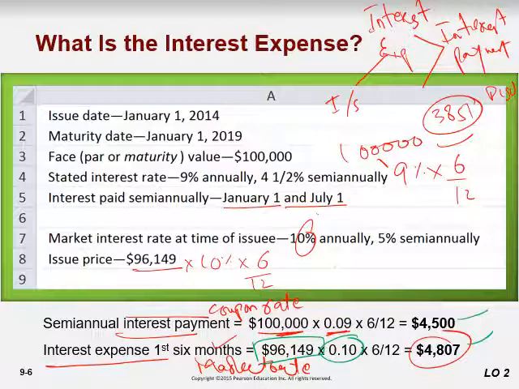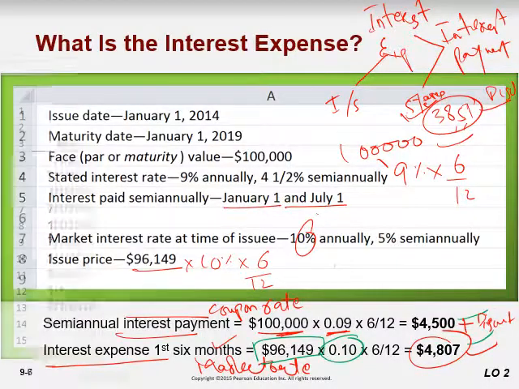So we pay 4500 interest plus some part of the discount, because this discount is for 5 years. We call it a discount on capital expenditure and simply expense it, so part of this discount we retire every year, on a yearly basis. That's why we add some part of the discount here, and that's why the interest expense is higher than interest payments.